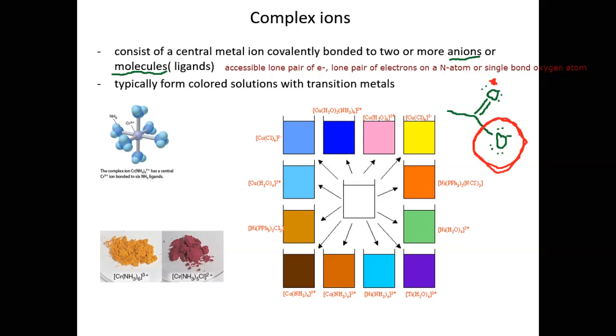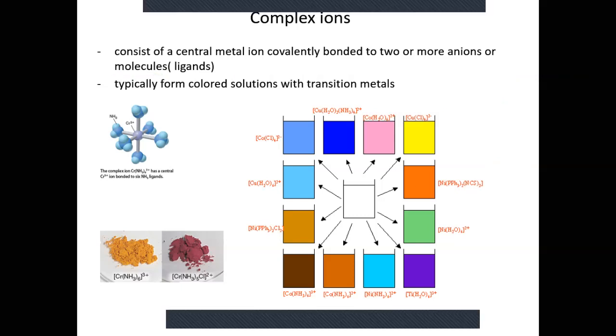These are all examples of ligands. Now, when you mix these ligands with a transition metal, then the good stuff starts to happen, because transition metals are D block elements.